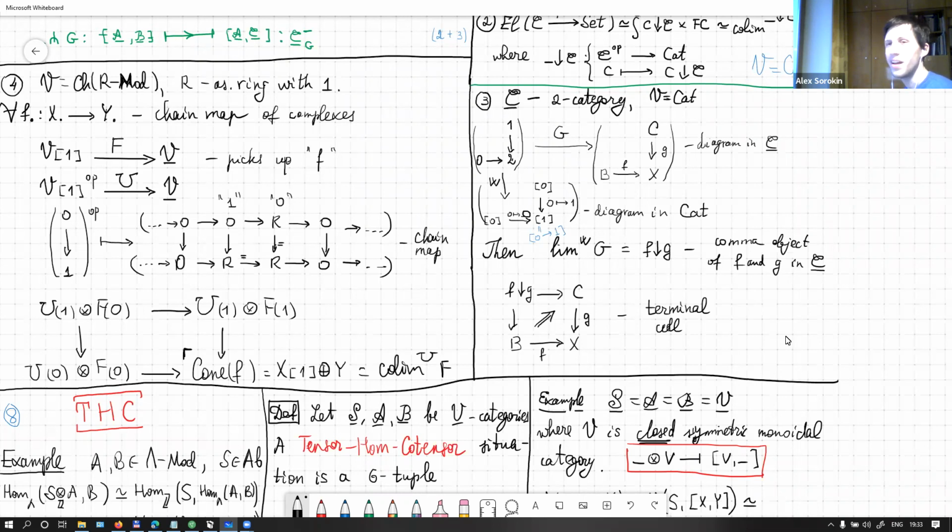For instance, a cylinder of a map in algebraic topology or in homological algebra. It's also a chain. It's also a weighted colimit. You just need to think what the weight will be. The weight will be a little different. So you will have one arrow here, an additional arrow here, and here will be something else.